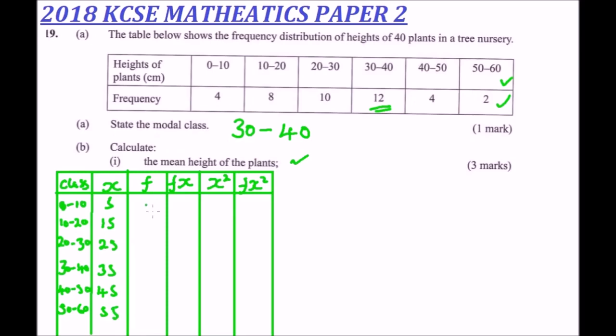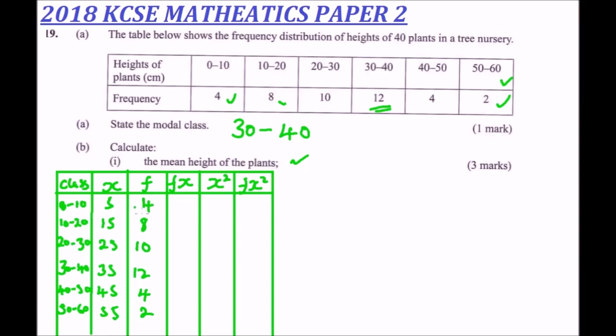Then the frequency, these are the frequencies that we have been given. The frequency here is 4. We have 8. We have 10. We have 12. We have 4. And we have 2. Then we multiply f by x.